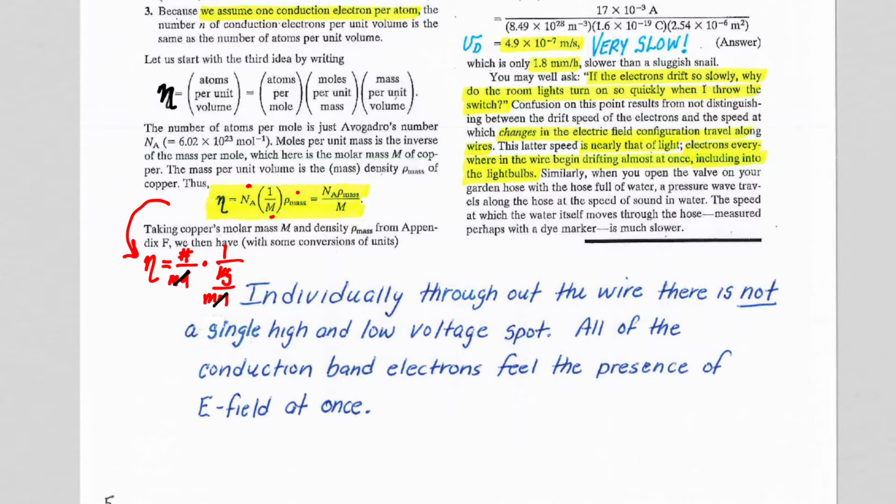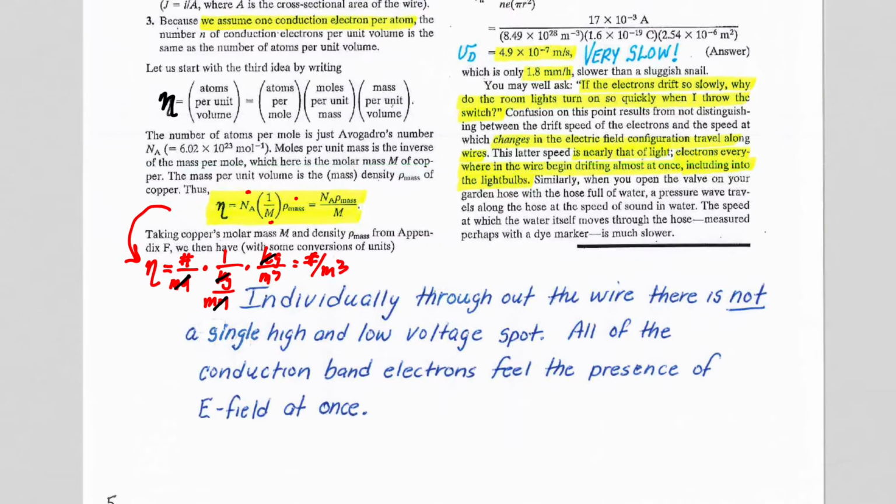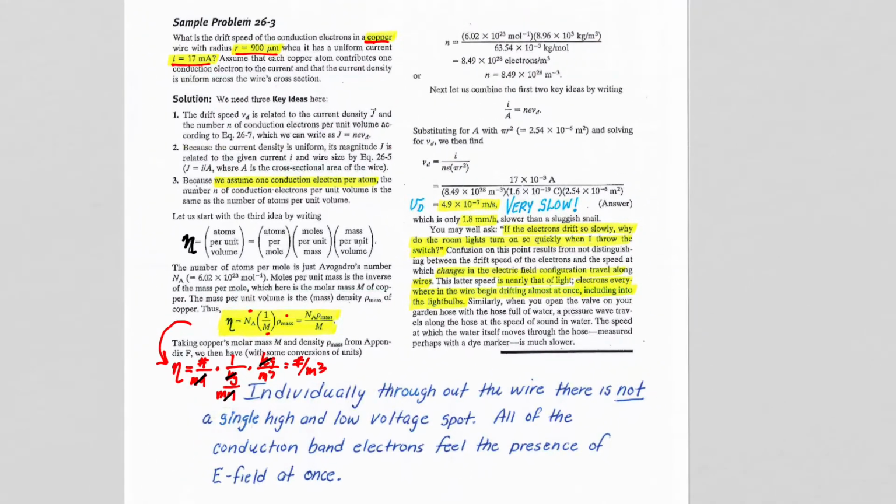Then if we were given the density of copper, density is kilograms per meter cubed, we would lose the kilograms, and then of course we have our answer. The number density is the number per meter cubed, and that's really all that is shown up here.